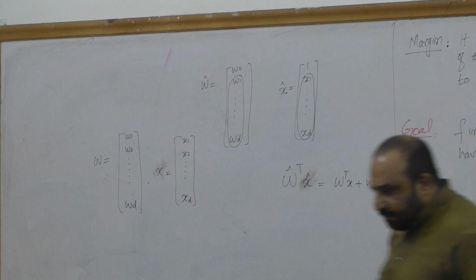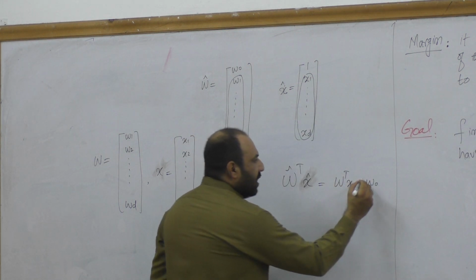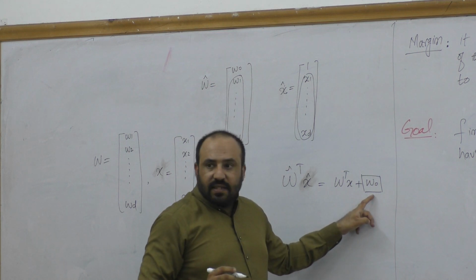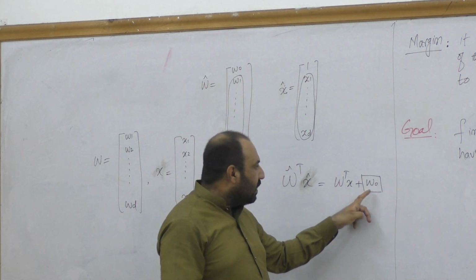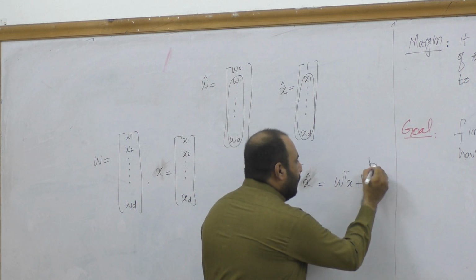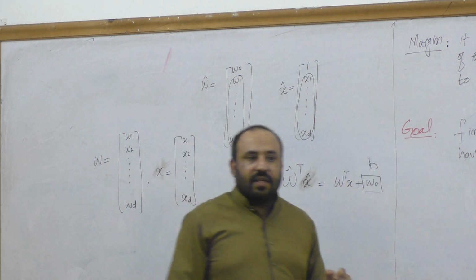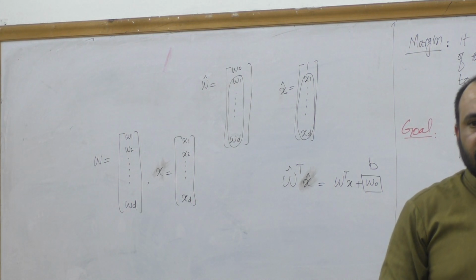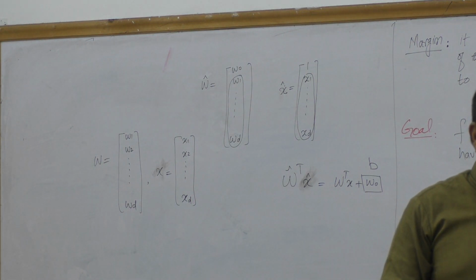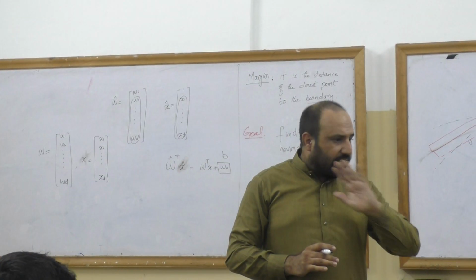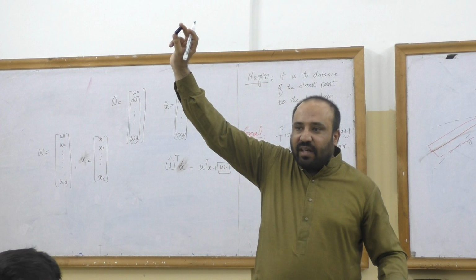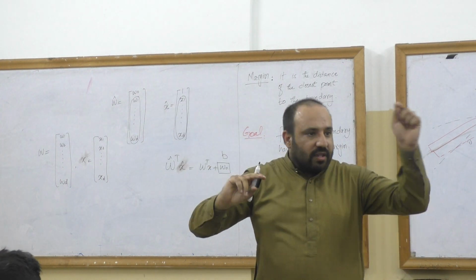It is just a matter of notation that if you see in several books or literature, this W naught is written as B. And people also name it as bias. Make sense? If you are comfortable with W naught, write W naught, because from the very beginning till now, we wrote this as W naught.